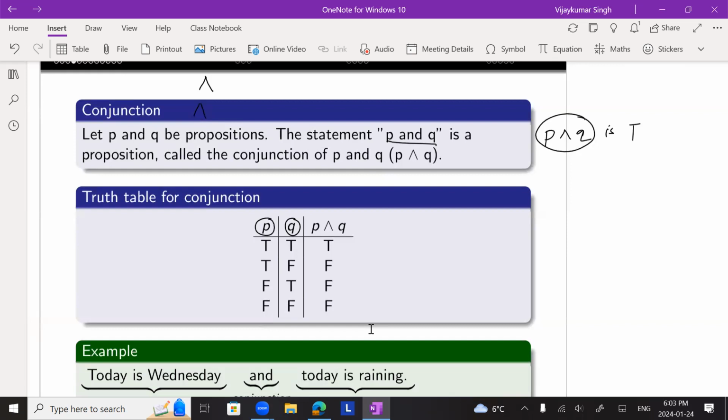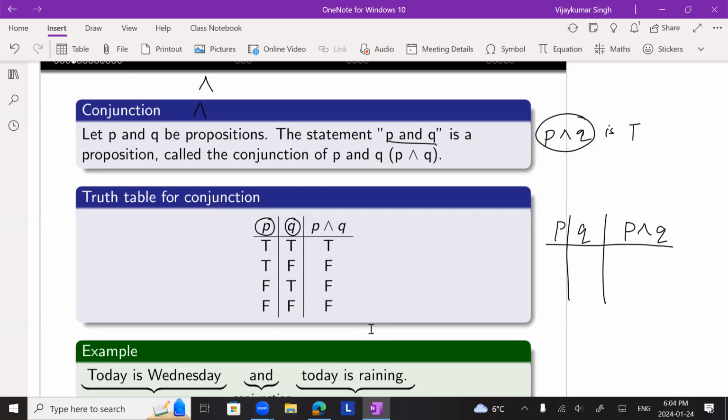All right. So let me just write down the table. I have P, I have Q, and then I have P and Q. Since I already have the truth table in terms of T and F, I'm going to write down the table in terms of 1s and 0s. And there is a way to get all the possibilities.